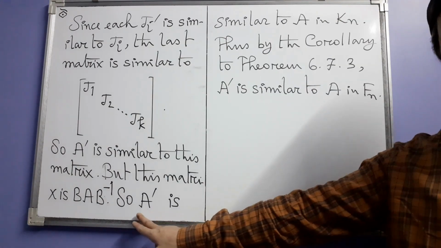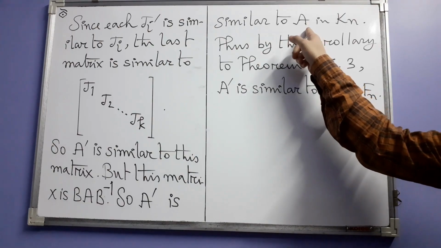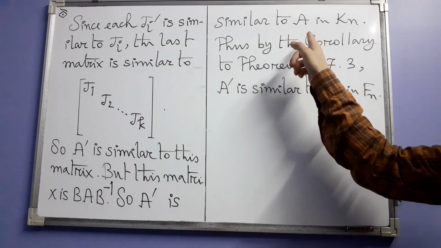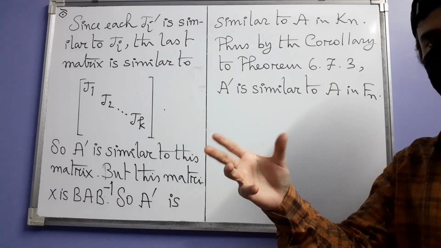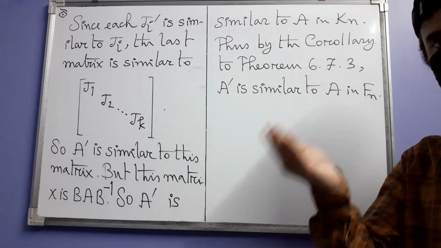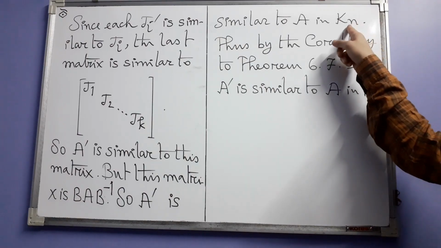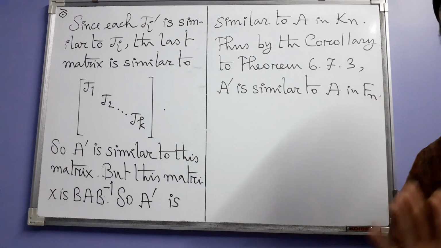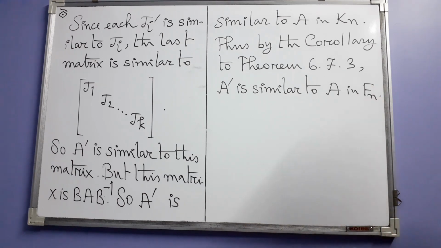So we write that conclusion here that A prime is similar to A, but the problem is that it is similar to A in Kn. So that matrix by which you will have this similarity between A prime and A is a matrix in the algebra Kn, not exactly in Fn. It may be in Fn, but we don't know. Okay.